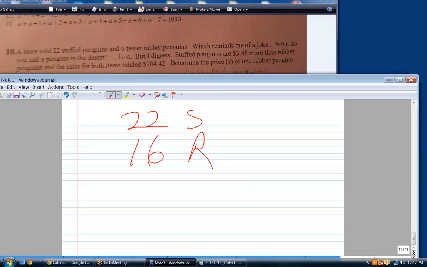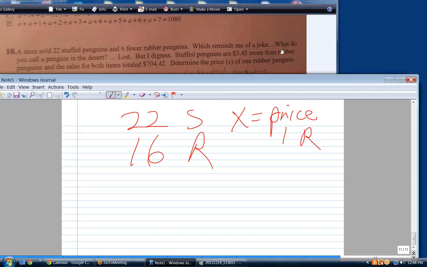So what's our variable? We just did S for stuffed penguins and R for rubber penguins, but this is our variable over here. Determine the price, X, of one rubber penguin. So X is the price of one rubber penguin. Now, what equation can I write?